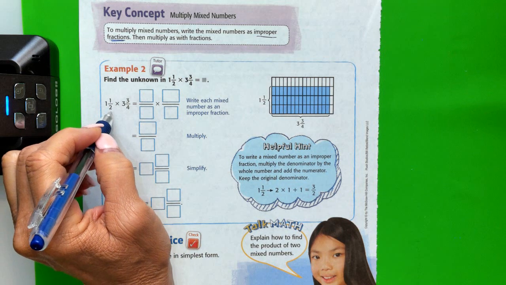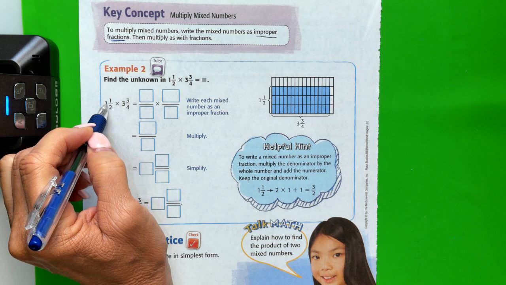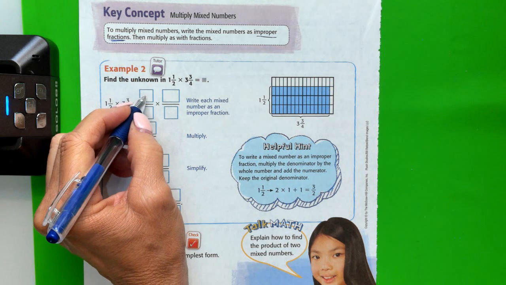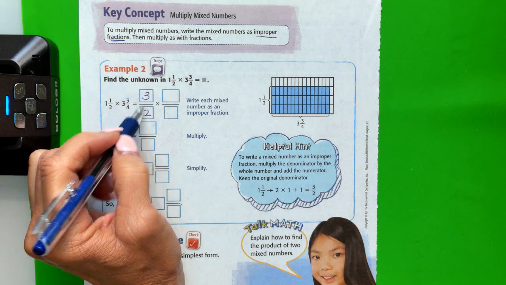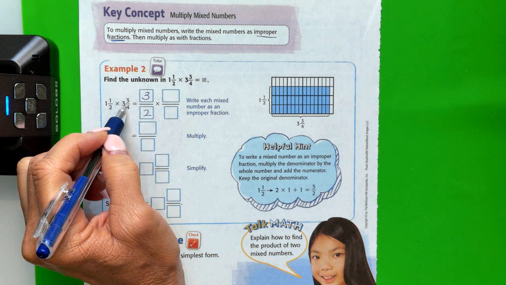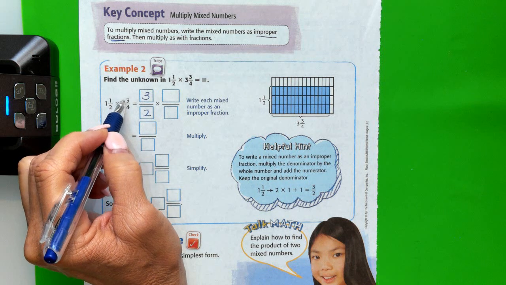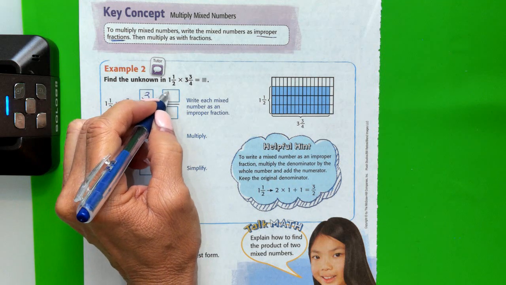So 1 1/2 is the same as, well, 2 times 1 is 2, plus one more is 3. So 3/2. Okay, there's our first improper fraction. And 3 3/4 can be converted into 4 times 3 is 12, plus 3 more is 15.